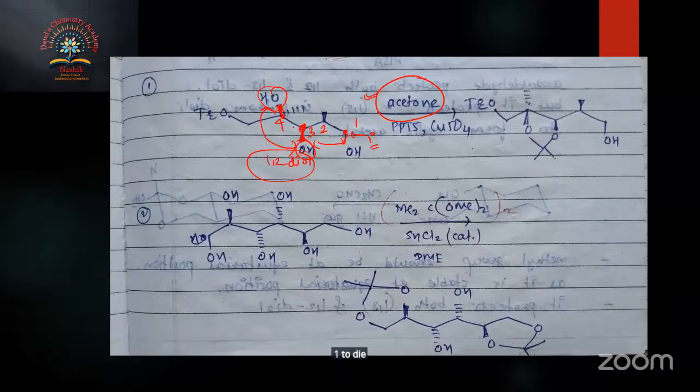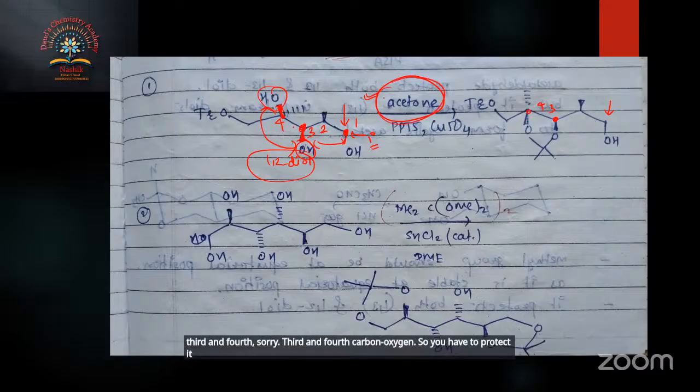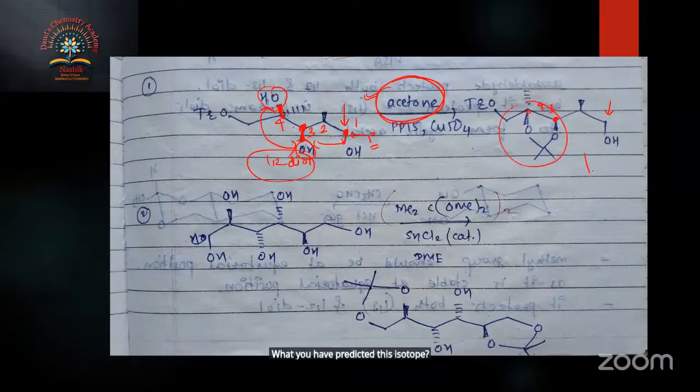So if you want to do a reaction at this first carbon, or you have to do a certain oxidation at the first carbon, and you don't want to oxidize the second, third and fourth carbon oxygen, you have to protect it by using acetone. So first you protect with acetone, then you can do the oxidation.